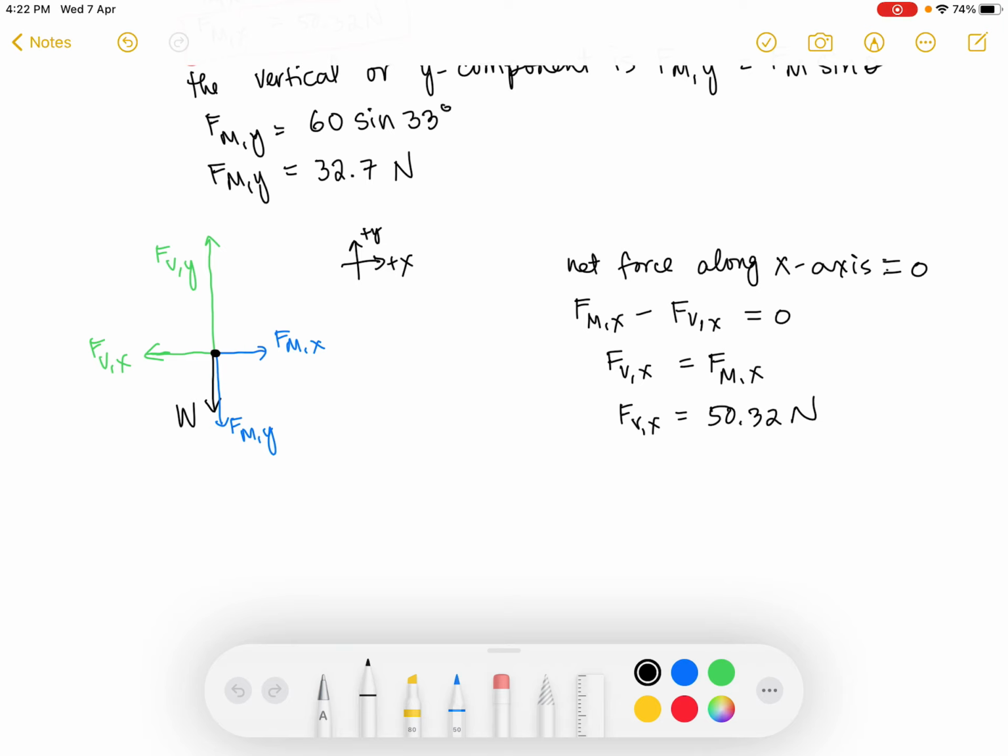If you were to put the direction, of course, you know that it's to the left. Or if you wanted to specify Fvx as a vector, you can put Fvx is equal to negative 50.32 newtons. But for the magnitude, it's 50.32 newtons just for the magnitude.